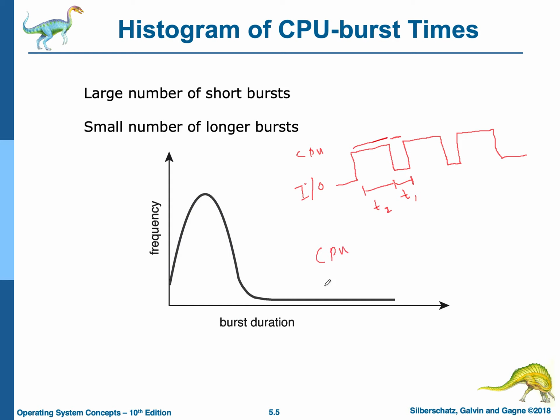Another example, if we see CPU and IO, then we might have long input output and short processing, long input output and short processing, right? So this is another example where the CPU work time is very small while we are waiting a lot for input output.